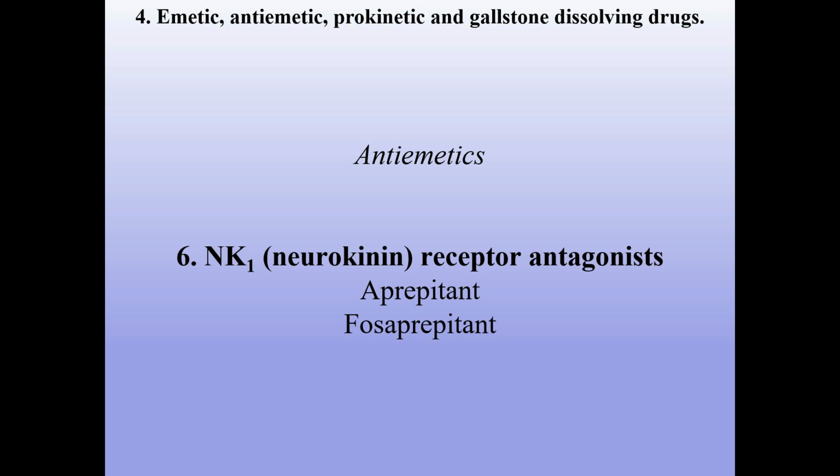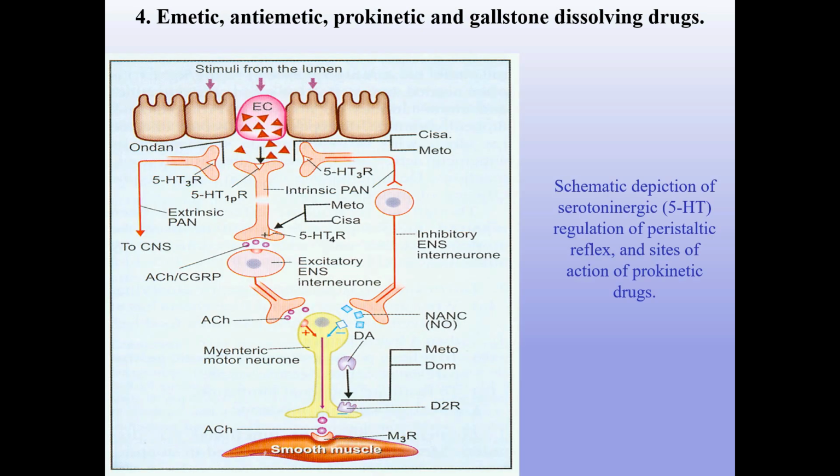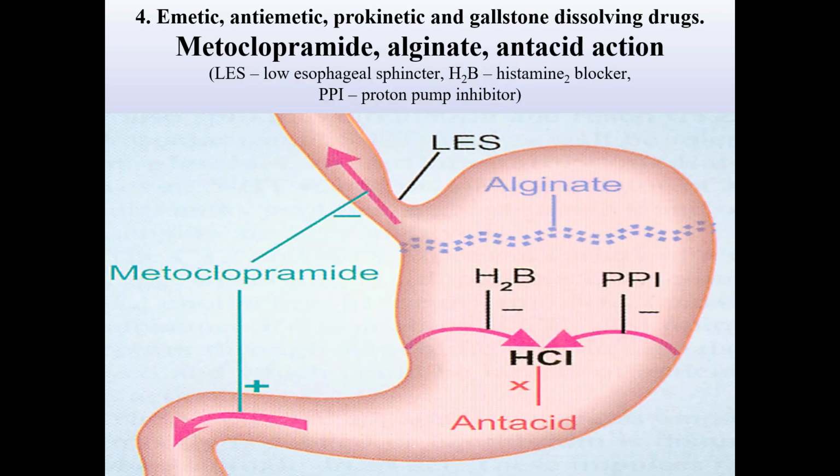NK1 neurokinin receptor antagonists: aprepitant, fosaprepitant, and adjuvant antiemetics: dexamethasone, benzodiazepines, dronabinol, and nabilone. In here you can see schematic depiction of serotoninergic regulation of peristaltic reflex and sites of action of prokinetic drugs. And in here, metoclopramide, alginate, antacid action.